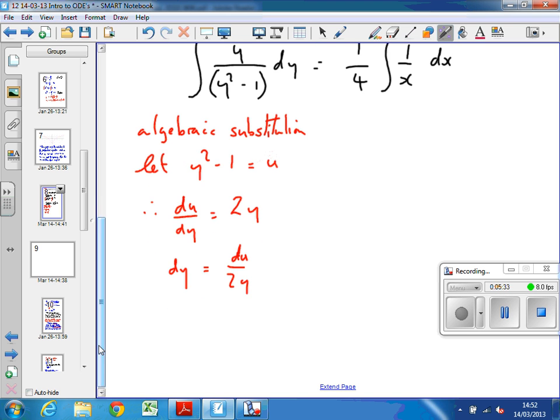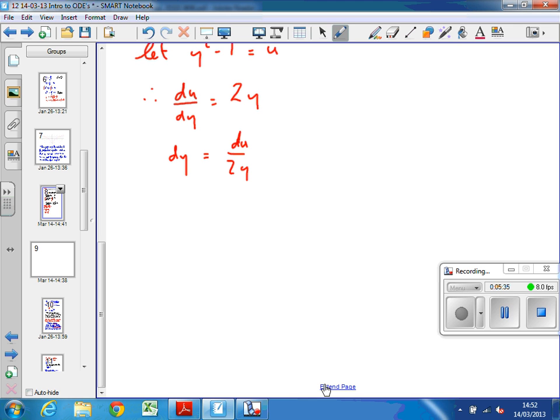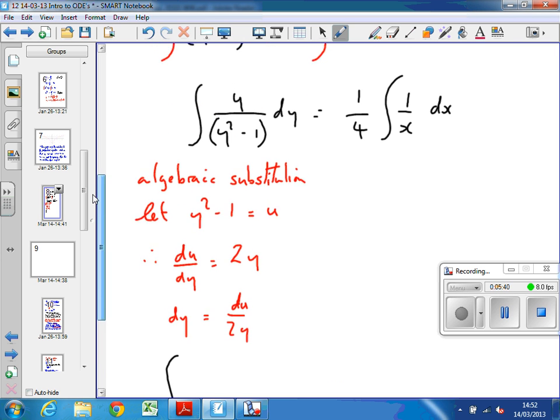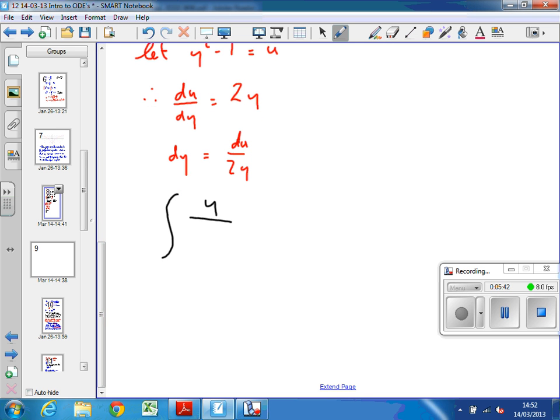So, carrying on with this left-hand side, the integral of y over y squared minus 1 dy becomes the integral of y over u multiplied by du over 2y, substituting in u equals y squared minus 1 and dy equals du over 2y. Now we see that the y's cancel.